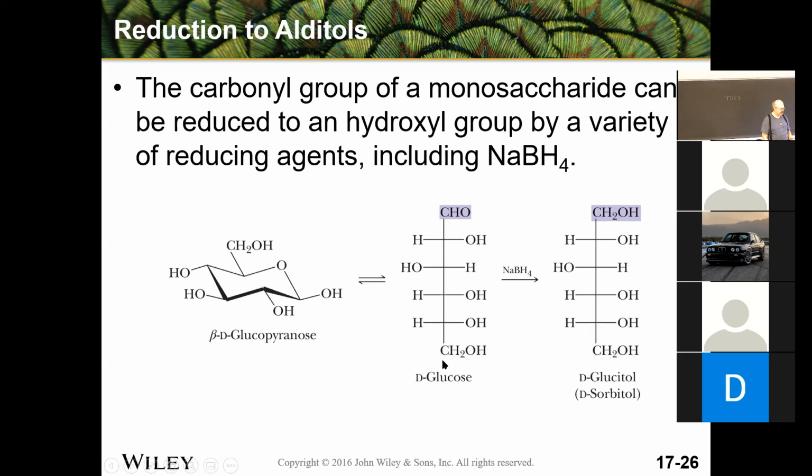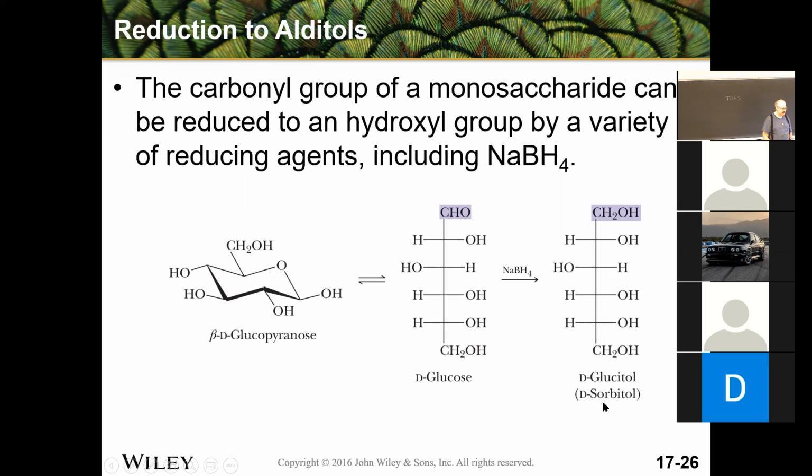Here we have D-glucose. D-glucose has to be in the open chain form. It can be reduced by sodium borohydride. The aldehyde is converted to a primary alcohol, and this is called D-glucitol.